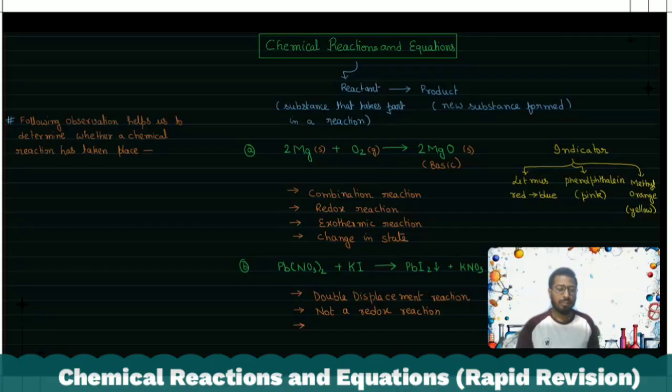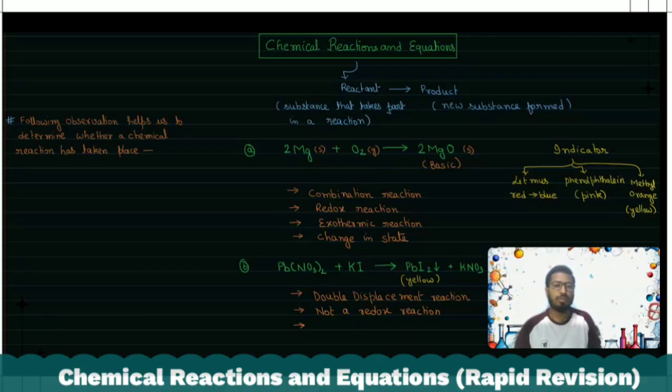Next, what observation are we getting? The color of this PbI2 will be yellow. And why this downward arrow? Because a yellow precipitate of an insoluble substance is formed over here. So what is the color of this insoluble substance? This is yellow in color.